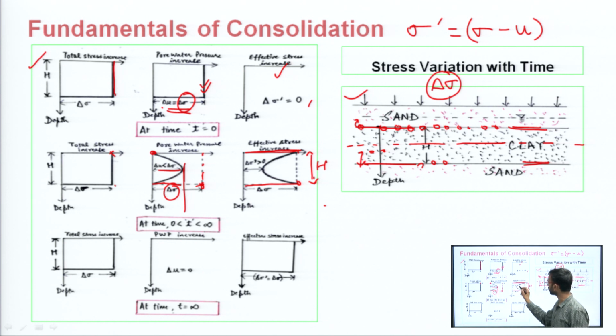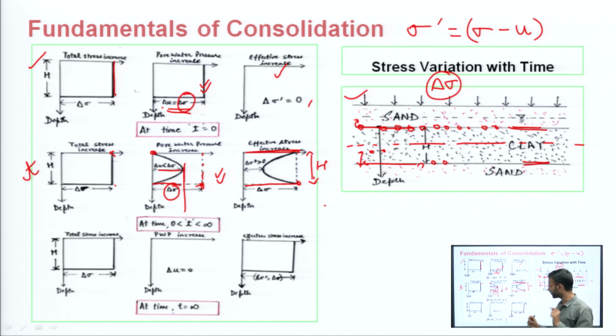But at somewhat, let us say, the middle distance, the effective stress is increased, but it has not increased to the total stress value, because the pore water has not entirely been expelled out yet. So this was at some intermediate time t between 0 and infinity. Now if we are talking about time infinity, we are talking about the last moment where the soil consolidation is complete.